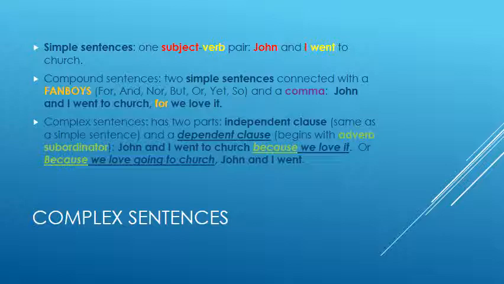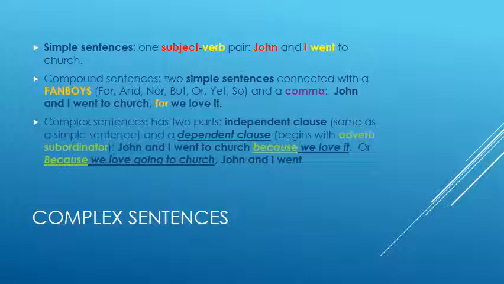Now, unlike a compound sentence where the fanboys can only go in the middle of the sentence, the adverb subordinator can go in the middle of the sentence, or it can come at the beginning of the sentence. However, there is a difference in the way that we write these. So in the first one, John and I went to church because we love it.